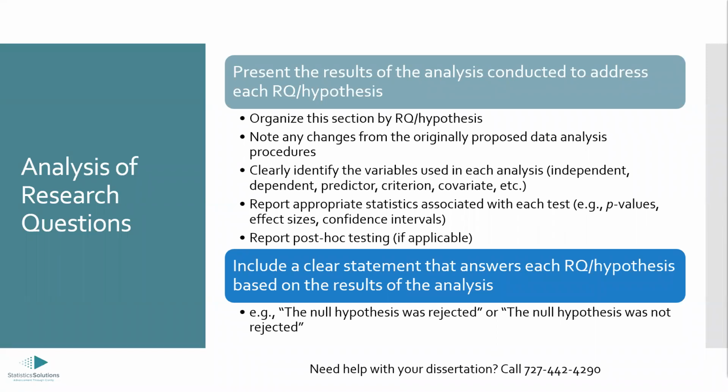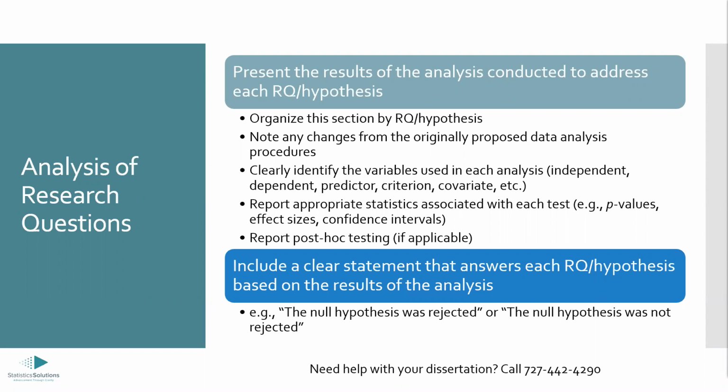And importantly, you want to include a clear statement that answers each research question or hypothesis based on the result of the analysis. So you should be able to interpret the analysis, which is usually done by looking at the p-value and comparing that to your significance level to determine if the results are significant or not.